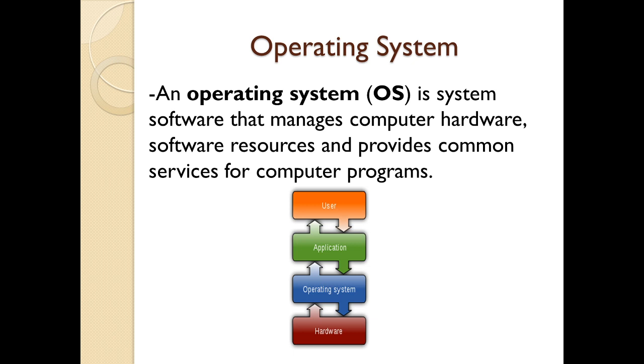So, an operating system is a system software that manages computer hardware, software, and resources, and provides common services for computer programs. In an operating system, the user is important, application programs are important, system software available in the operating system is important, and hardware is also important.